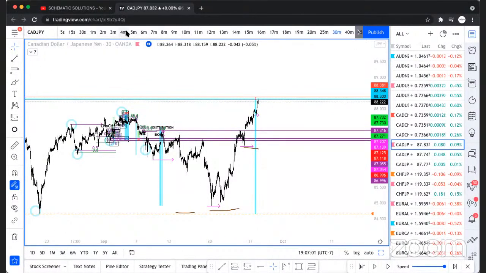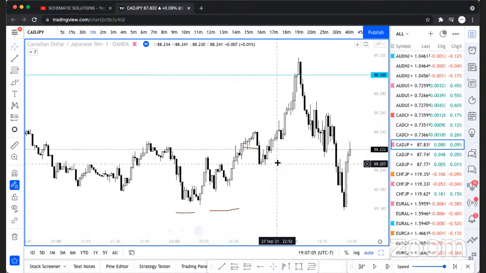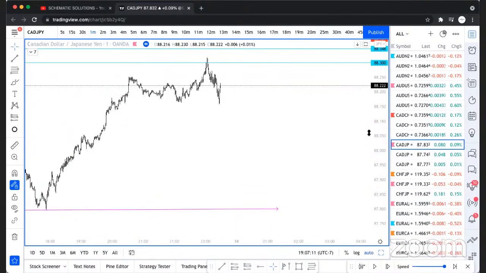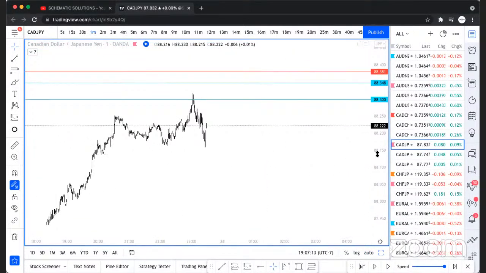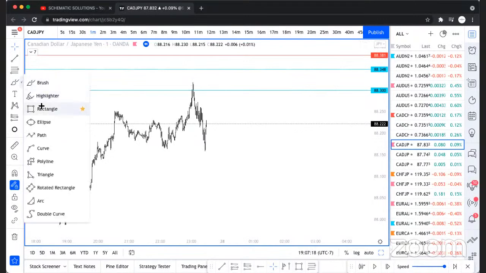So let's scale back to about the 1 minute, and we could start walking this down. Do I have to mark up the schematic? I'm sure you can see it, brother, right?